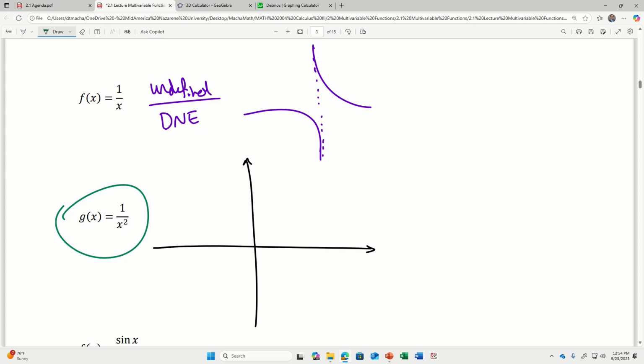Even if x is a negative number, x squared is a positive number. So what does this graph look like? It would be positive on the left, and it would be positive on the right. And so this limit, as x approaches 0, of g is positive infinity. So it does exist, but the limit is positive infinity.